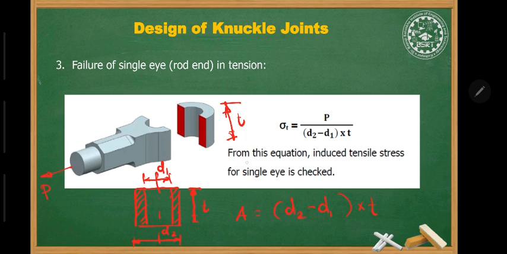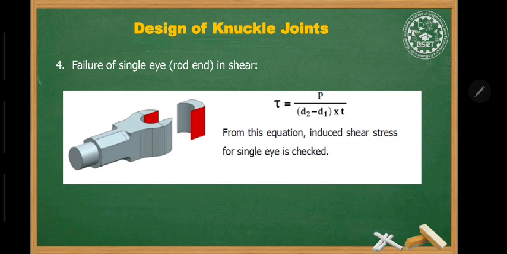So the tensile stress is calculated as force upon area, that is force P upon d2 minus d1 multiplied by t. From this equation the induced tensile stress for the single eye is checked. In the problem the permissible tensile stress is given, and from this equation you have to calculate the induced tensile stress, and this value should be less than the permissible stress for a safe design.